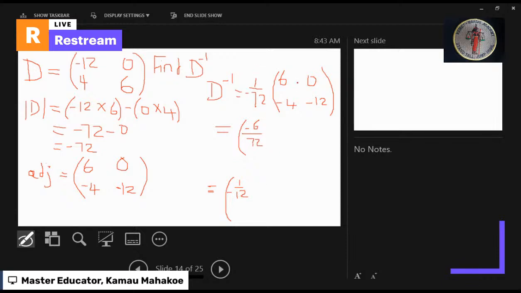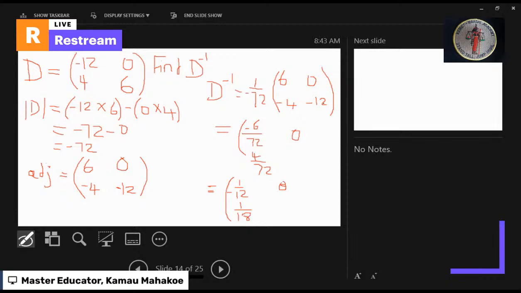Negative 1 over 72 times 0, we know that's going to give 0. And negative 1 over 72 times negative 4 is going to give a positive 4 over 72. And 4 into 4, 1. 4 into 72 goes 18.